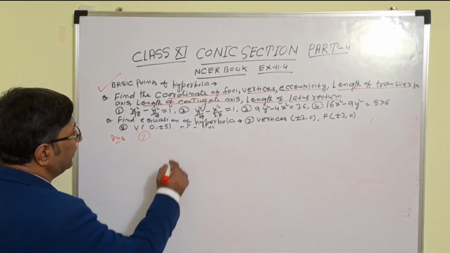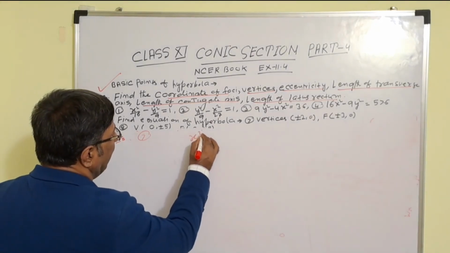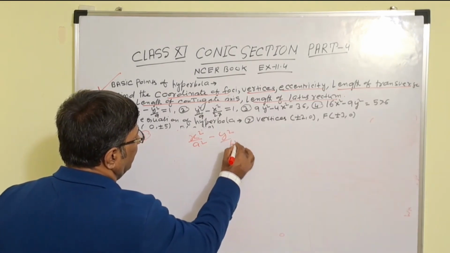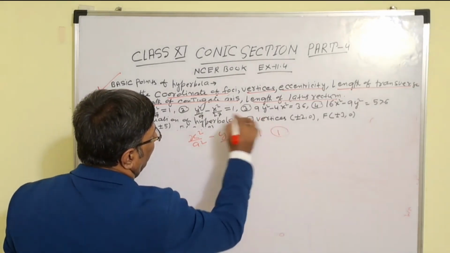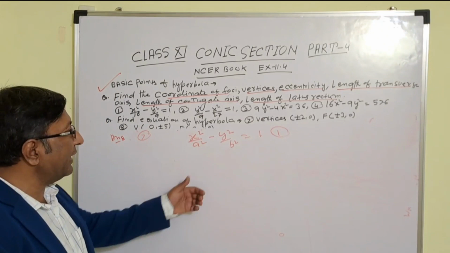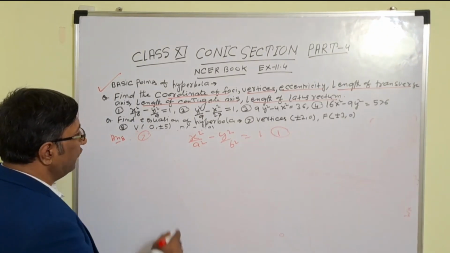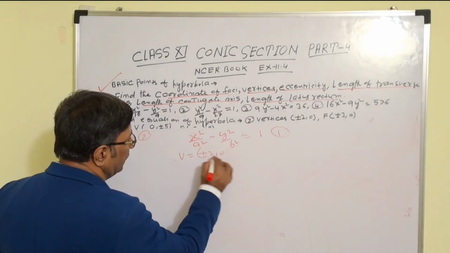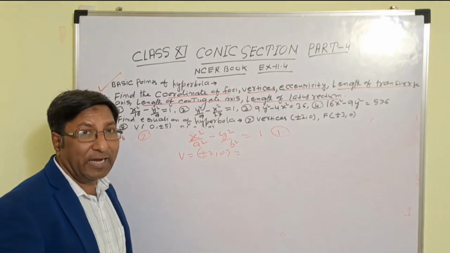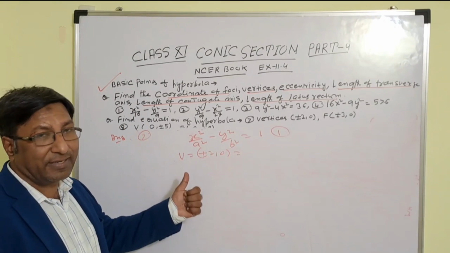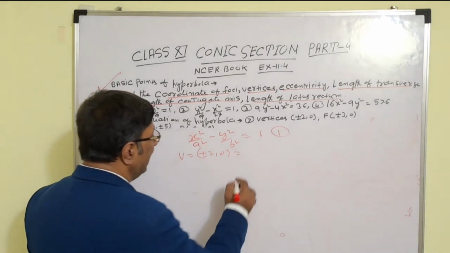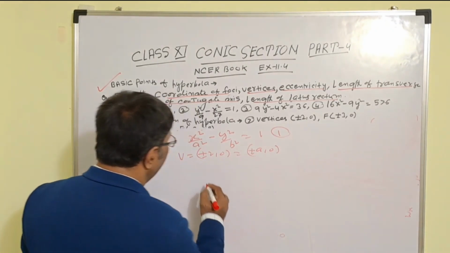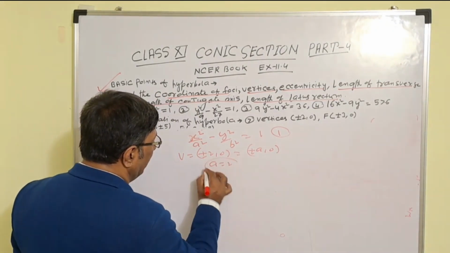So our equation of the hyperbola will be x square by a square minus y square by b square equal to 1. Now we have to find a and b. The vertices are given as plus minus 2, 0, and we know when the foci are on the x-axis, the vertices are plus minus a, 0. So a equals 2.